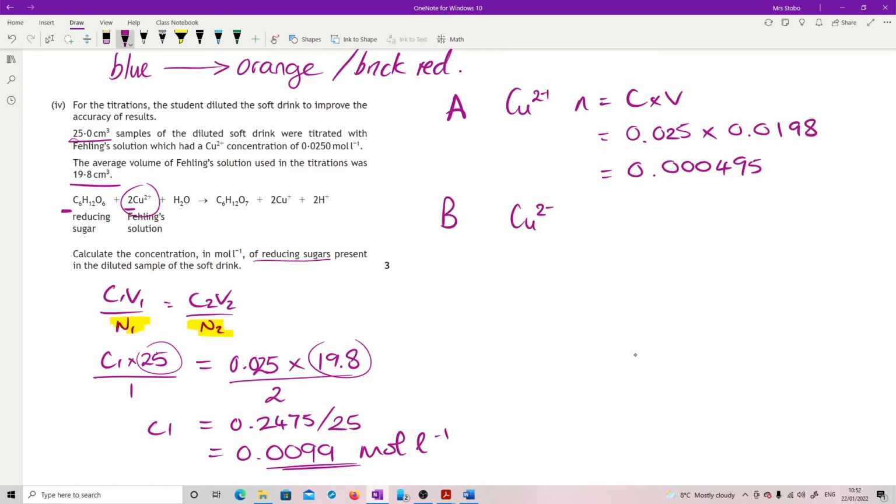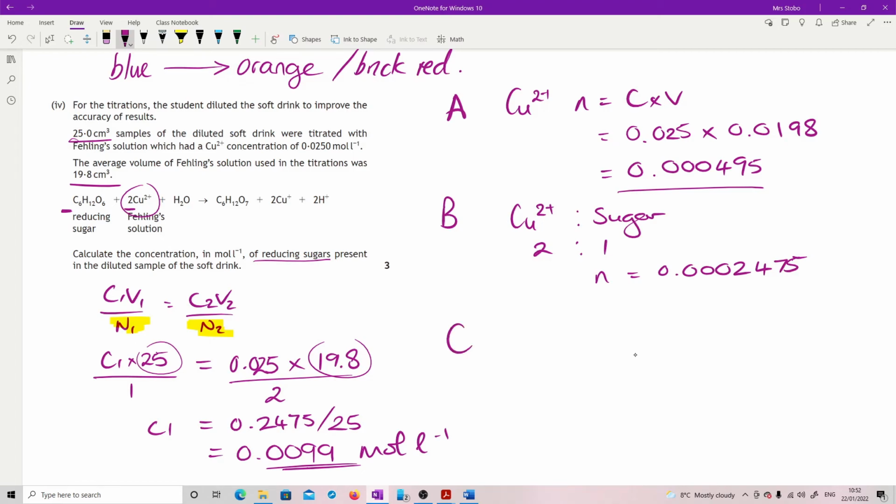Okay, B, go from a balance. So that is copper to my sugar, a 2 to 1. So I'm going to divide it by 2. Divide this by 2. Means that I've then got my moles of sugar at 0.0002475. And C, do my final calculation.